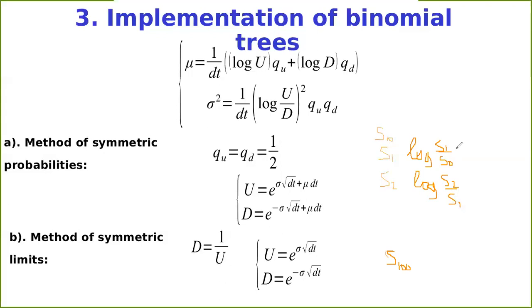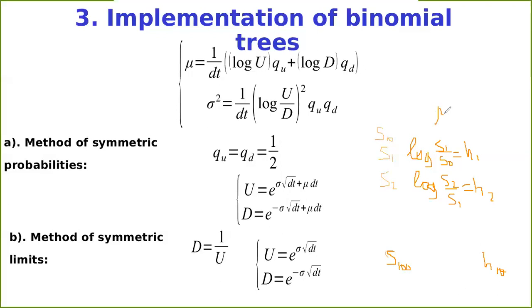And we can denote, for example, this series as H1, H2, and so on, up to H100. For this series, we can find the average, and it will be mu.